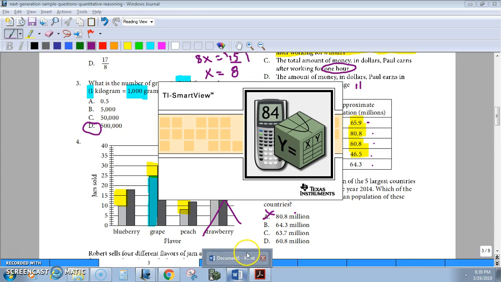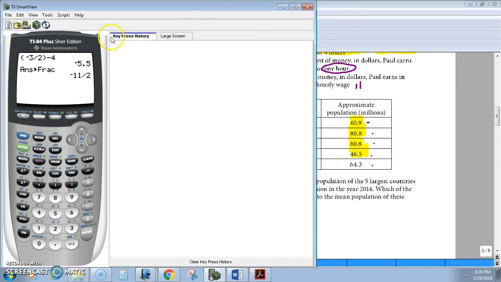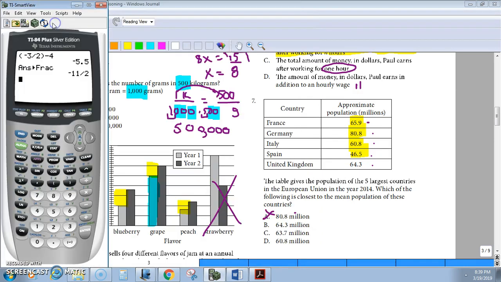65.9, 80.8, 60.8, 46.5, 64.3. Okay, so I'm going to enter here.